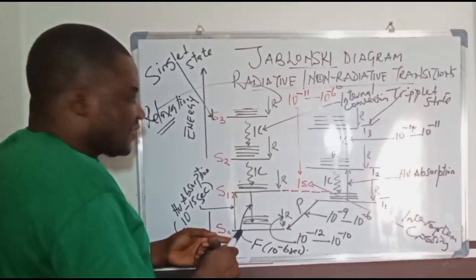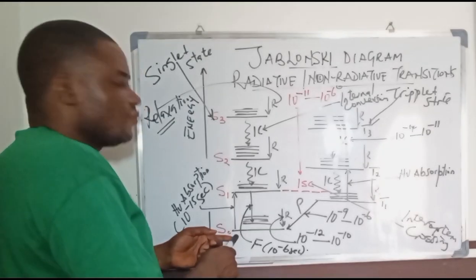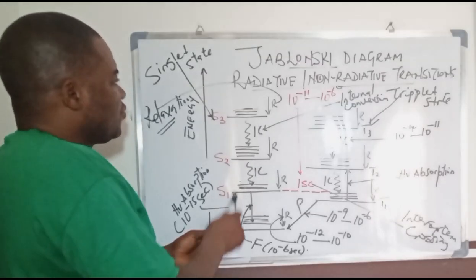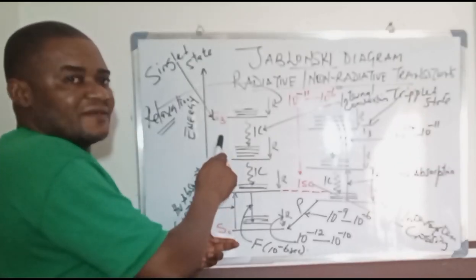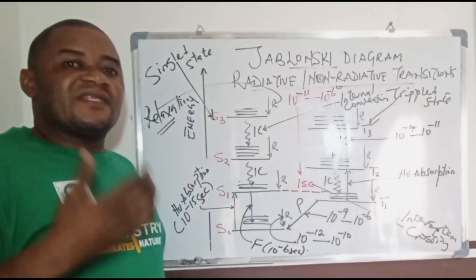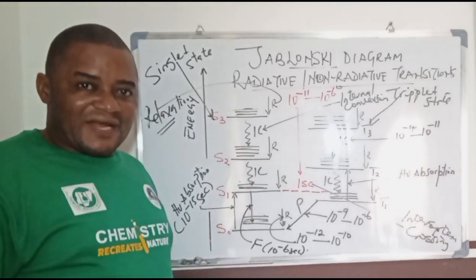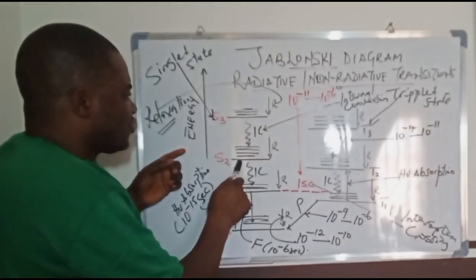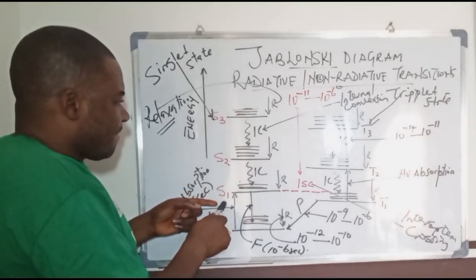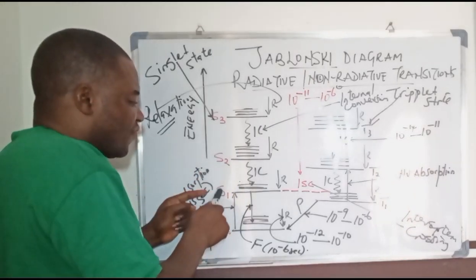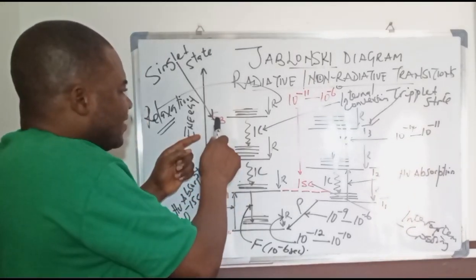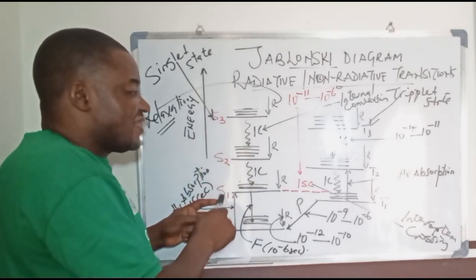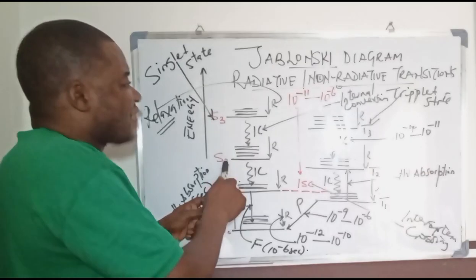Now, if this particular molecule decides to gain enough energy and rises from here, moves all the way to S2 or S3, it will definitely again lose radiation and then fall again. If it falls from S3 to S2, or from S3 to S1, or from S2 to S1, certainly not from S1 to S0, the falling from S3 to S1 or S2 to S1, that is at their singlet state at the different energy level, is described as what?